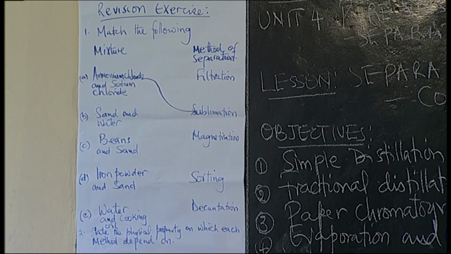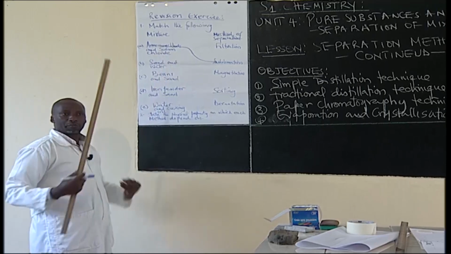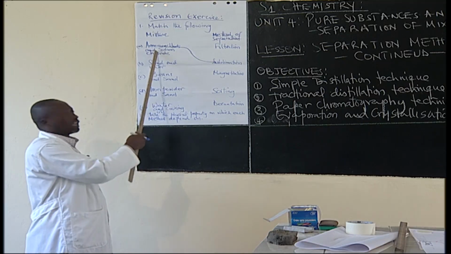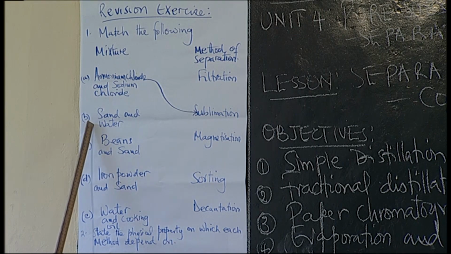If you remember what we talked about in sublimation, we said a substance is able to change from the solid into the gas without passing through the liquid state. So that is sublimation. So in this case, ammonium chloride sublimes and sodium chloride remains behind. So that is why we are choosing sublimation as a method that can be used to separate ammonium chloride and sodium chloride.